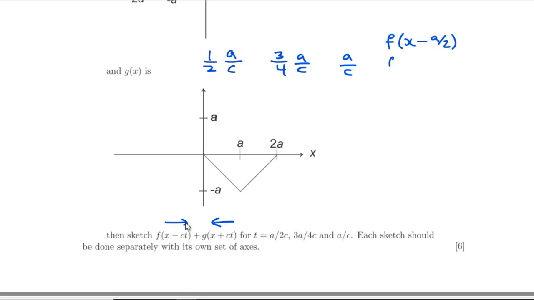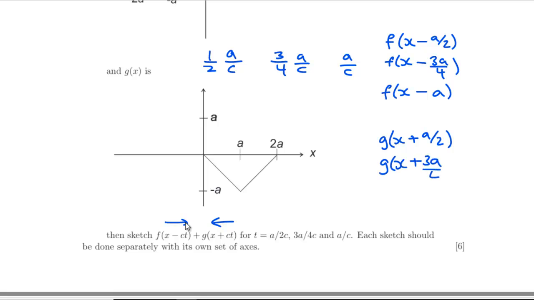And then we're going to have f of x minus 3/4 of a, and then f of x minus a. And then we're going to have all of these for the g's, but with pluses on. So we'll have g of x plus half of a, g of x plus 3/4 of a, and g of x plus a.